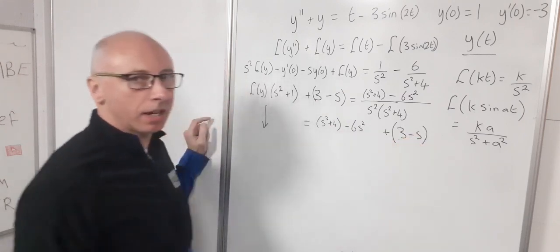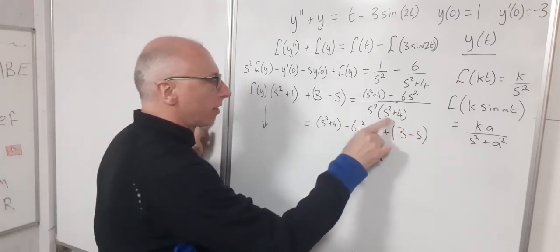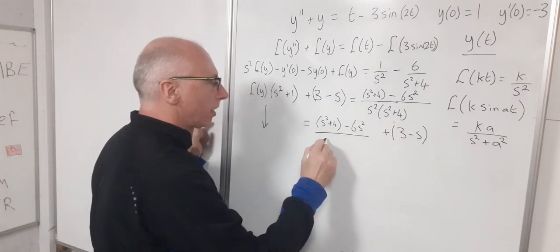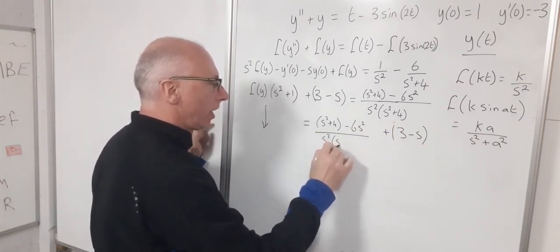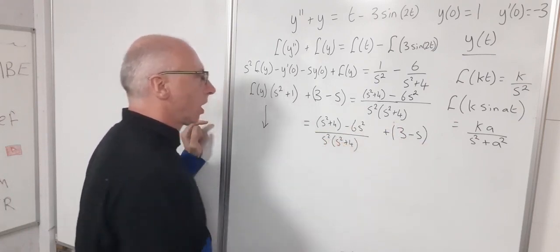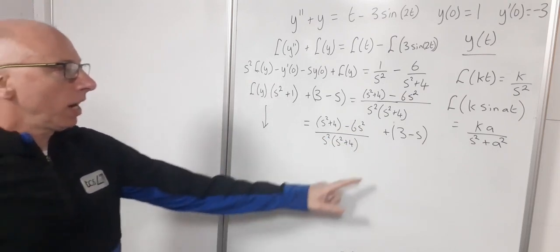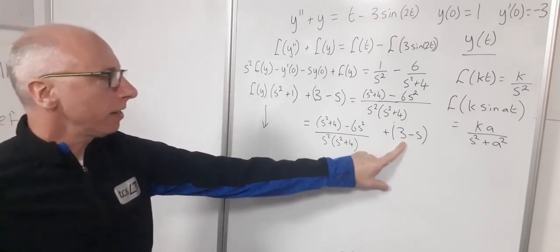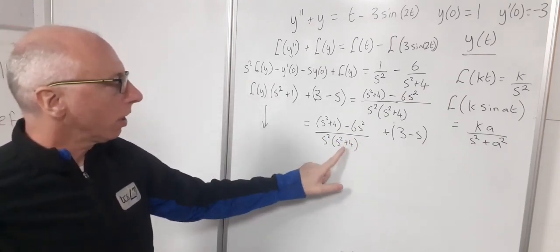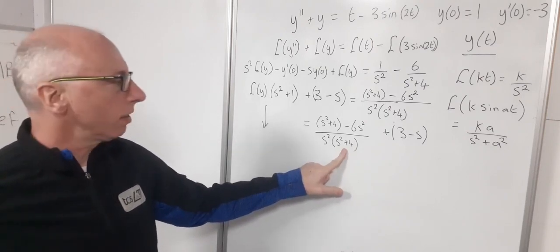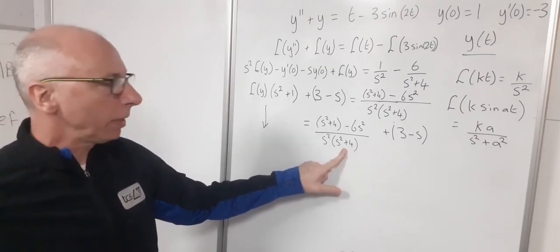I'll leave that as it is like that. And my denominator for this will still stand s squared plus 4. Okay, right. This 3 minus s, be good if we could just include this inside this denominator here.